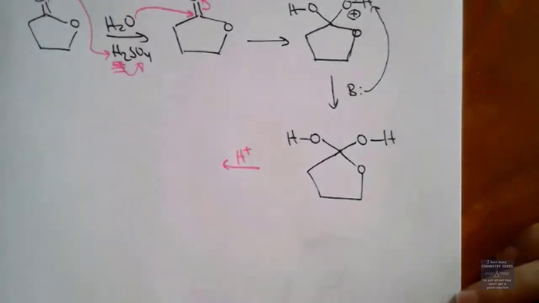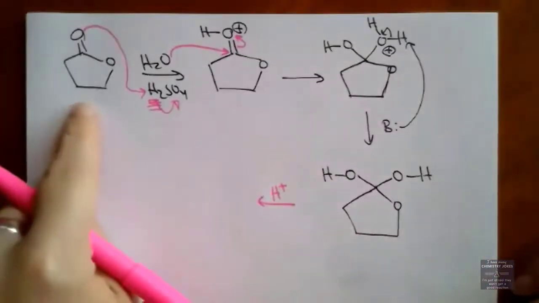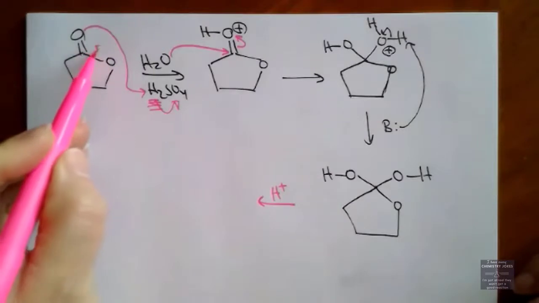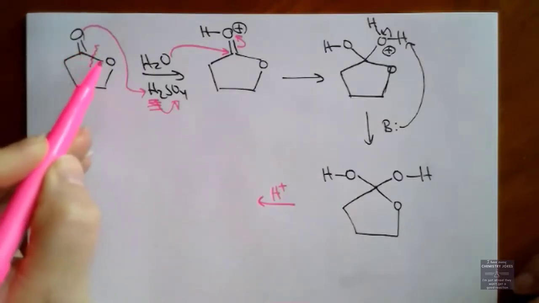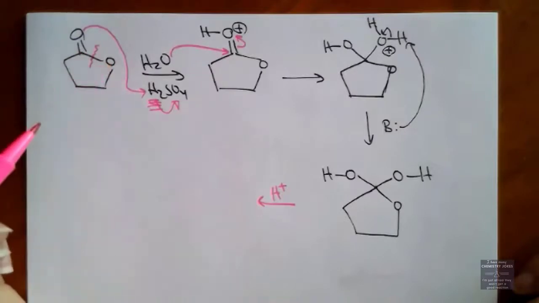Who's my leaving group? Well, I'm hydrolyzing an ester, and hydrolysis really means cutting that bond, breaking the bond between the carbonyl and the heteroatom next door. Hydrolysis of an acid chloride, it's between the carbonyl and the Cl. Hydrolysis of an anhydride, it's between the carbonyl and the singly bonded oxygen.